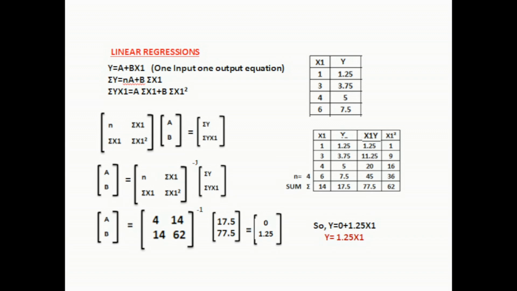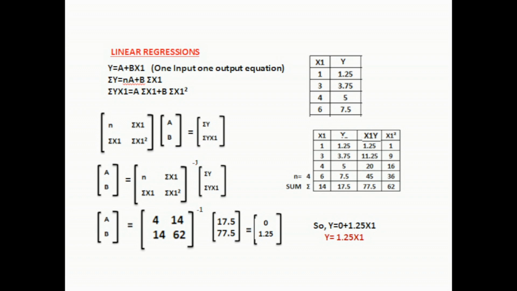The matrix formation to find the A and B: first matrix n, sigma x1, sigma x1, sigma x1 square, into A and B equal to output sigma y, sigma y x1. The same can be written like that. A and B matrix equal to n, sigma x1, sigma x1, sigma x1 squared inverse into sigma y, sigma y x1.